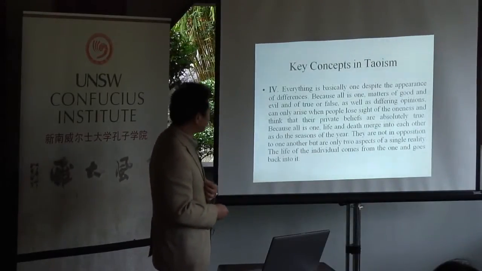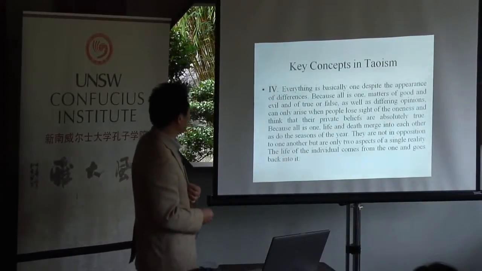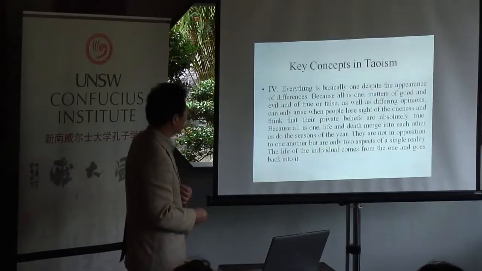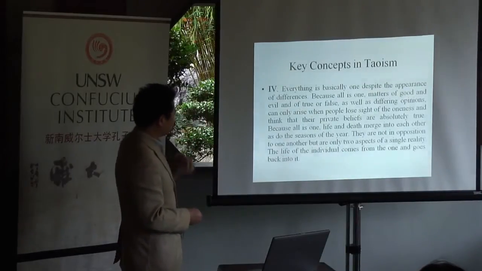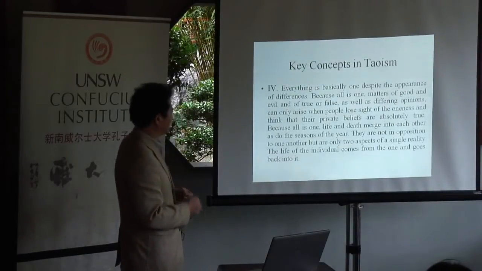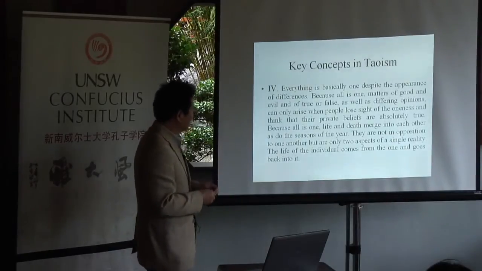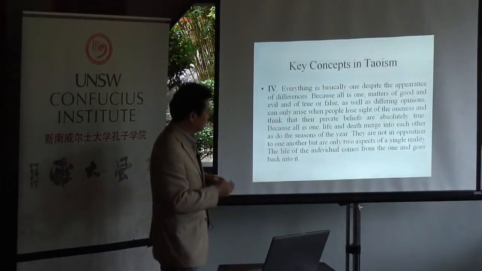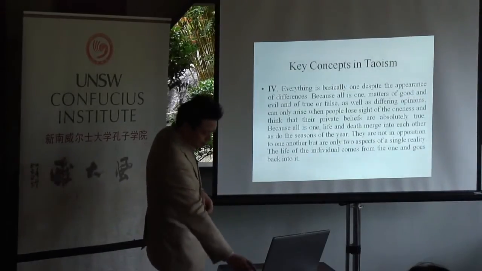Because the Tao is one, life and death merge into each other, as do the seasons of the year. They are not in opposition to one another, but are only two aspects of a single reality. The life of the individual comes from the one and goes back into it.